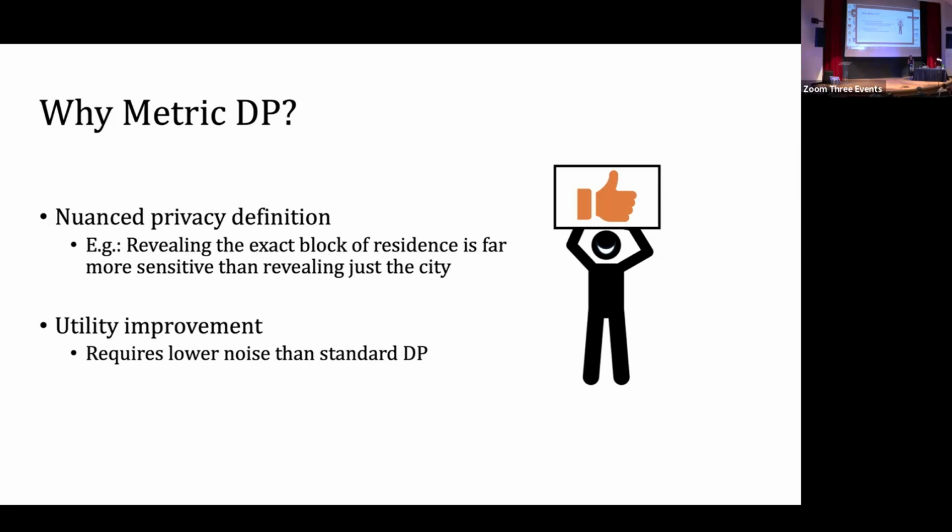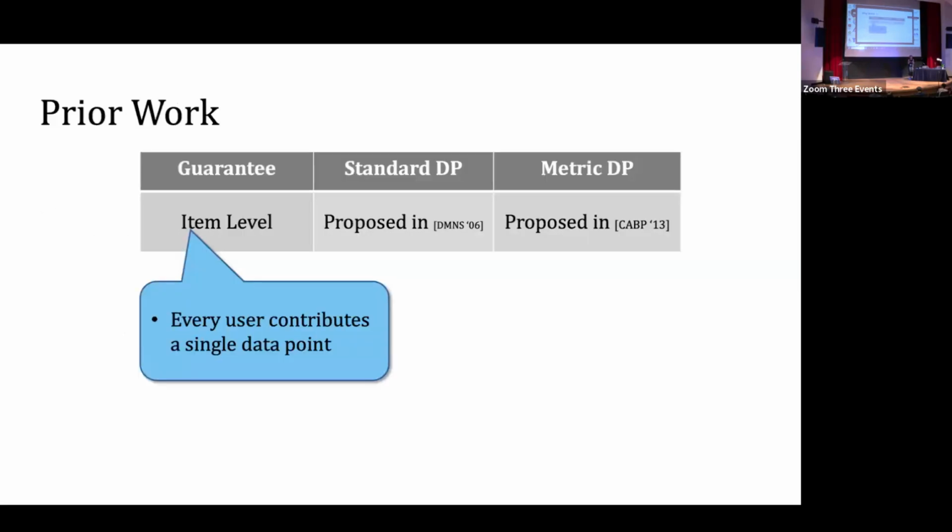The other advantage of metric DP is that we get improvement in utility. Intuitively, this is because we require less noise, because we don't need to protect against all pairs of inputs. Now, prior work in metric DP has focused on a setting known as item-level DP. This is the traditional DP setting where we assume that every user contributes only a single data point.